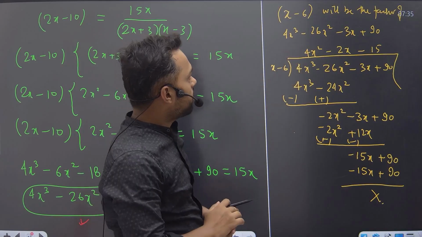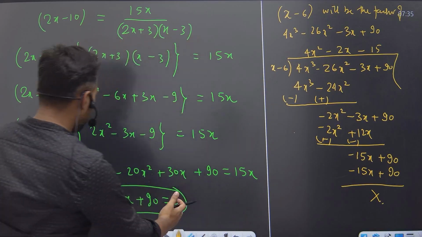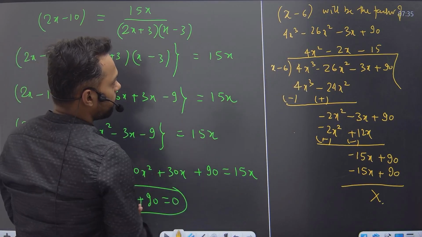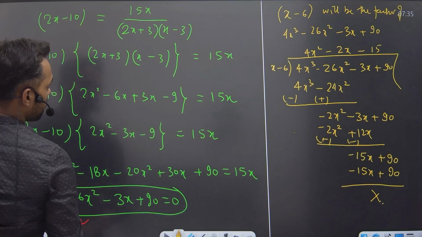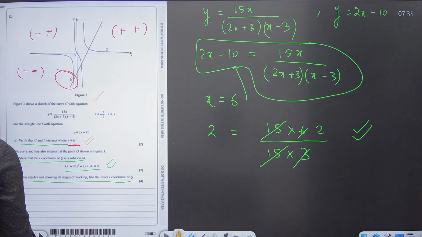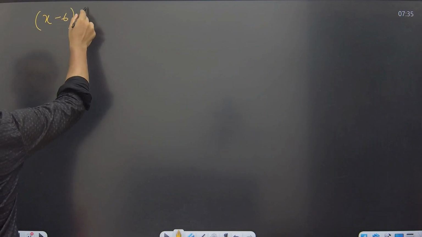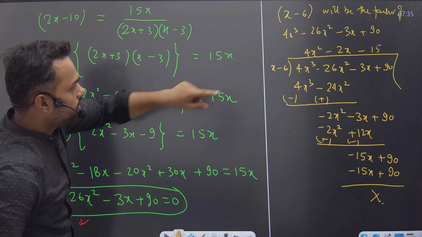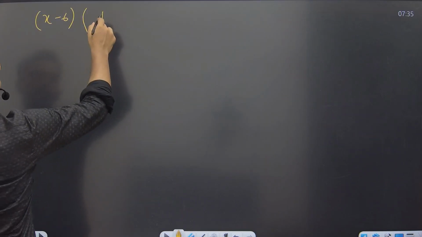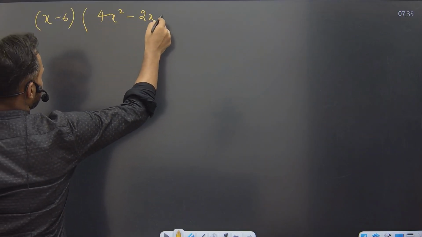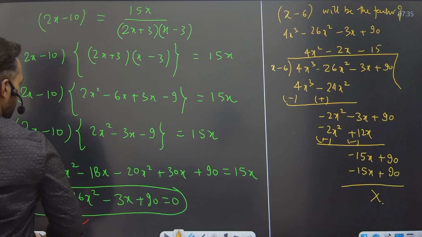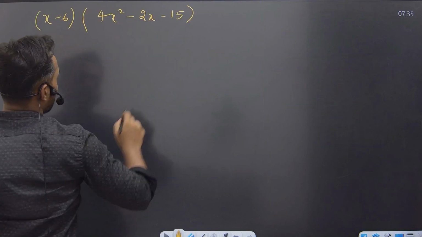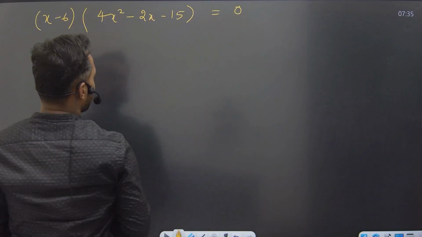So this particular equation which we have got can be written in this format. It will be written as x minus 6 times the quotient, that is 4x square minus 2x minus 15 equals 0.